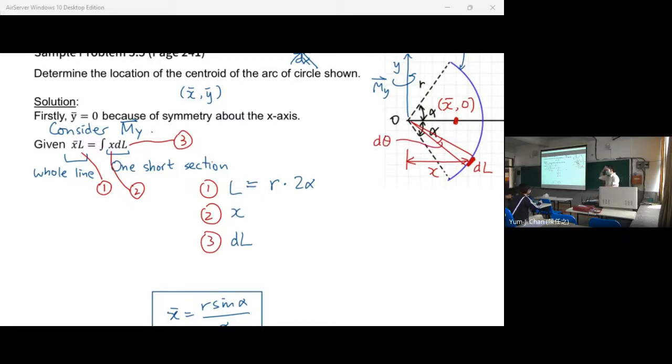So can we write DL using the theta? What's the relationship between DL and d theta here? DL is equal to R times d theta. We are still using high school things here.